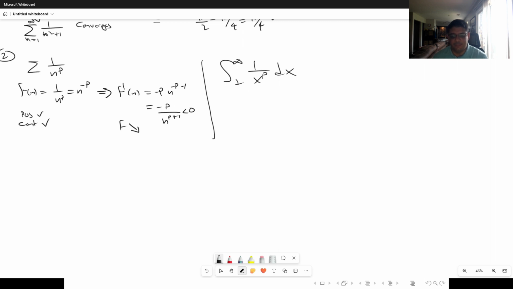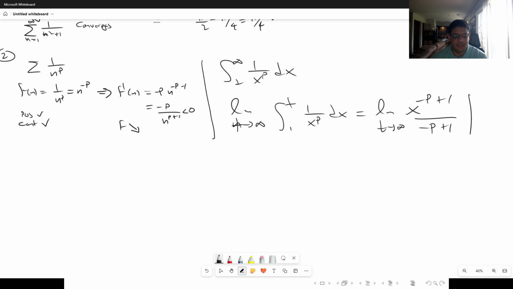I'm not assuming that p is anything yet in terms of numbers, but I'm going to write this as the limit as t goes to infinity of the integral from 1 to t of 1 over x to the p dx. And so this works in almost a similar way to the derivative. Notice that this is x to the minus p, so this is x to the minus p plus 1 over minus p plus 1, between 1 and t.